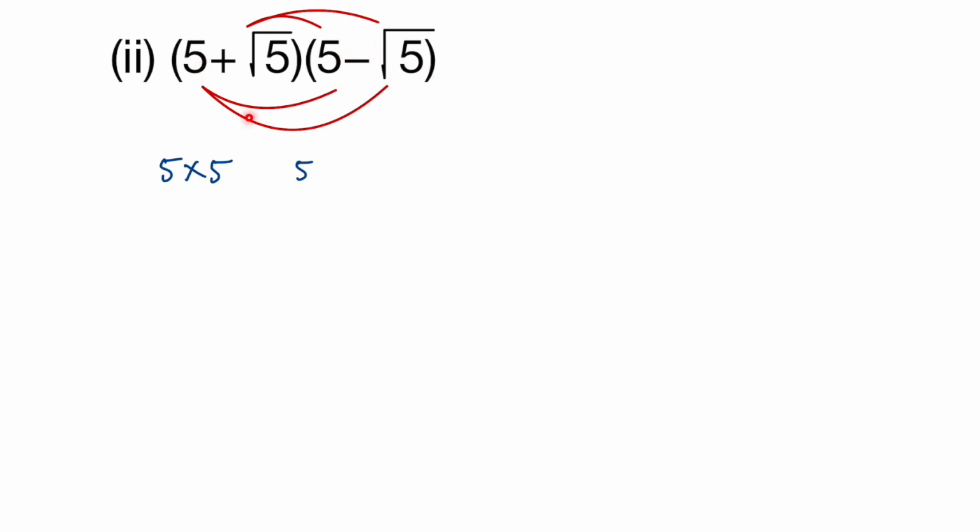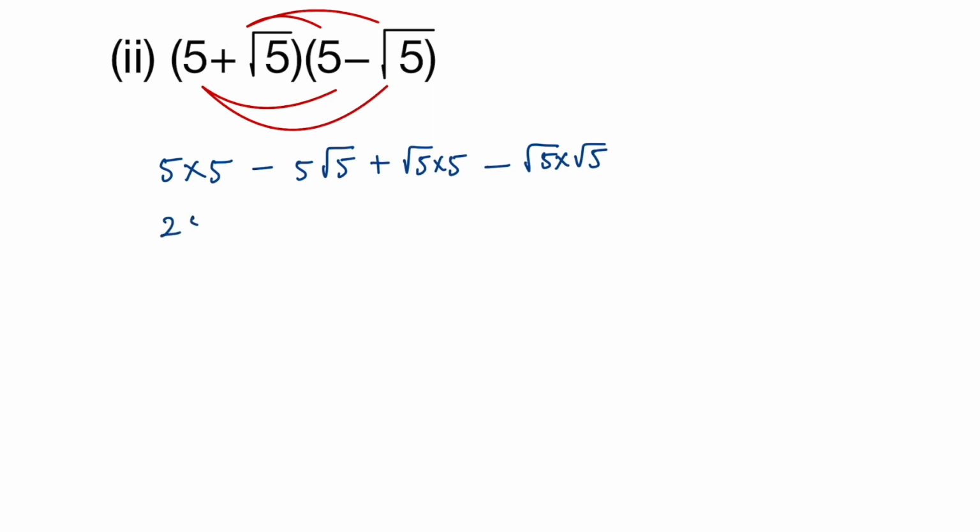So when you multiply 5 with minus root 5, it becomes minus 5 root 5. The next term is root 5 multiplied by 5, and the last term is minus root 5 into root 5. Because we have minus here, whatever gets multiplied to this also gets the minus value. I hope you are clear with that.